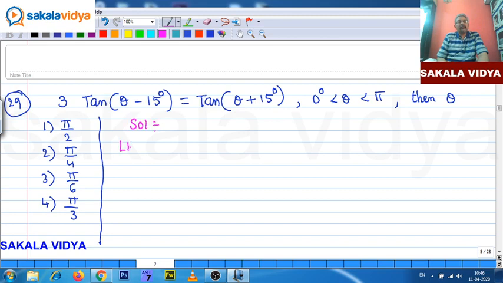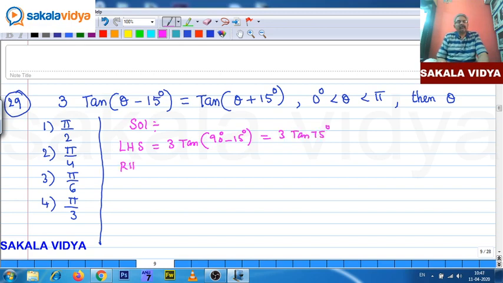Solution. First take left hand side, that is 3 tan of, put the first option, 90 degrees minus 15. This will be 3 tan 75 degrees.